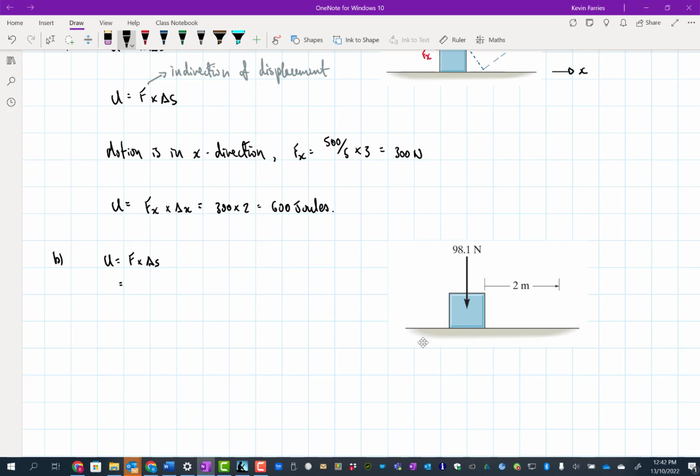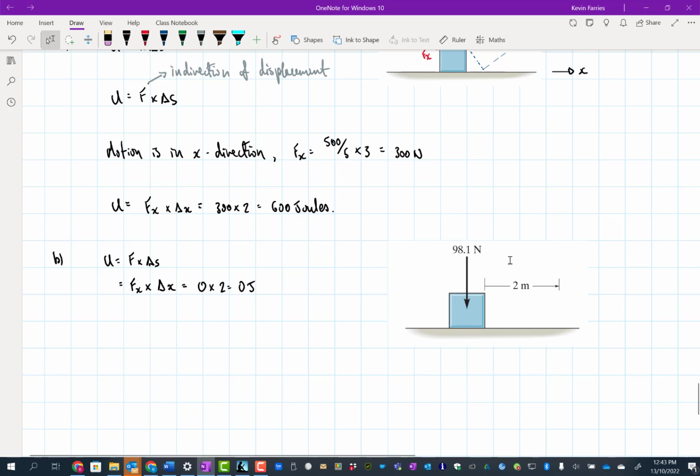And the displacement in the direction of the force for that force is 0. There is no component in the x direction. We could say, in this case, our displacement is in the x direction, so we could say Fx times delta x, and in this case that force in the x direction is 0 times 2 meters, so it's 0 joules.